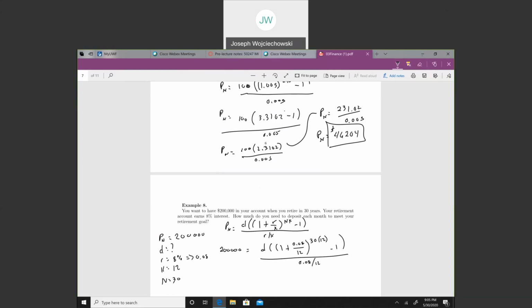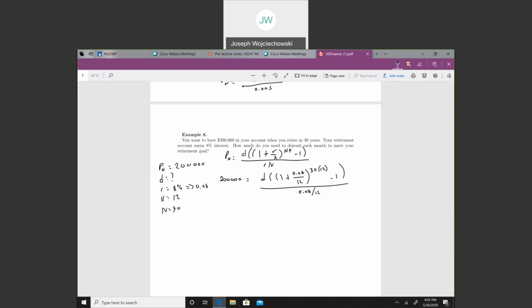So let's do a little bit of this. 200,000 equals D times 1 plus 0.0067, rounded to 4 decimal places, to the 360th power minus 1, all over 0.0067.